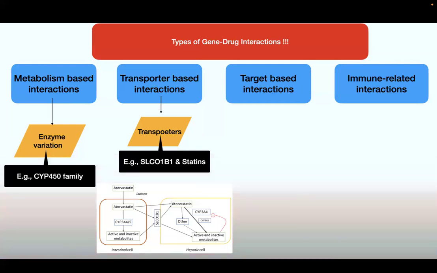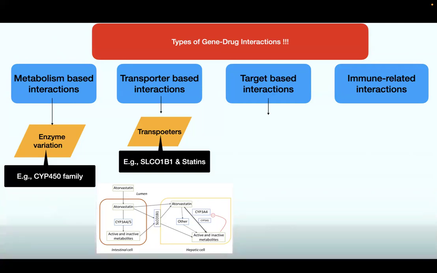So atorvastatin is taken up with the help of the SLCO1B1 gene into the hepatic cell, where the CYP3A4 is there to convert into active and inactive metabolites. ओके, सो दिस इज द SLCO1B1, जो है वो ट्रांसपोर्टर है, ट्रांसपोर्ट करता है आपका जो ड्रग है उसको इंटेस्टिनियल सेल से हेपाटिक सेल में, एंड विच इज रिस्पॉन्सिबल फॉर इट्स मेटाबॉलिज्म. ओके, सो ट्रांसपोर्ट बेस अगर इंटरेक्शन है तो भी क्या होगा, देयर विल बी हायर चांस ऑफ टॉक्सिसिटी.